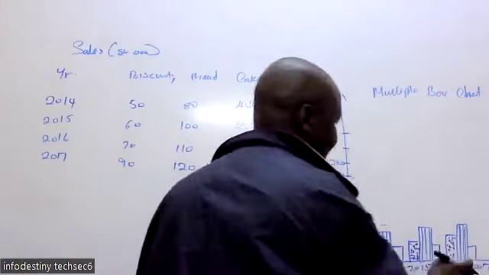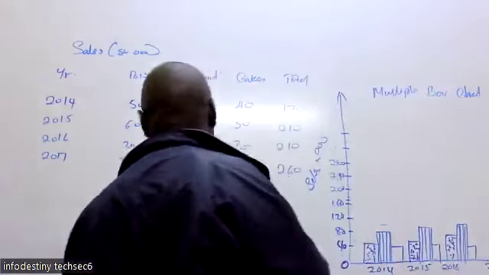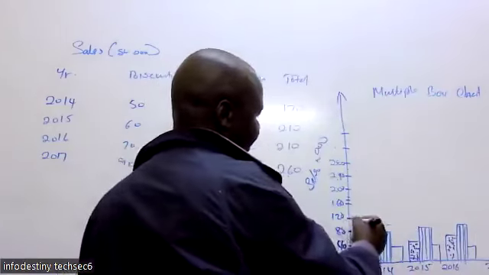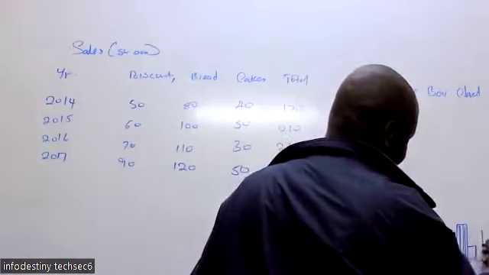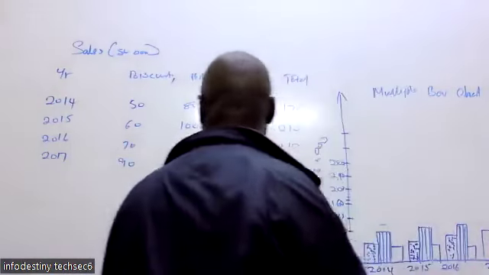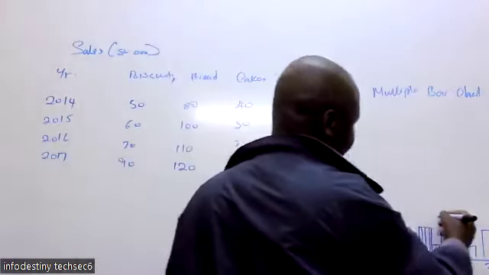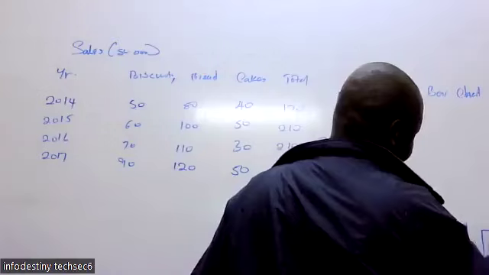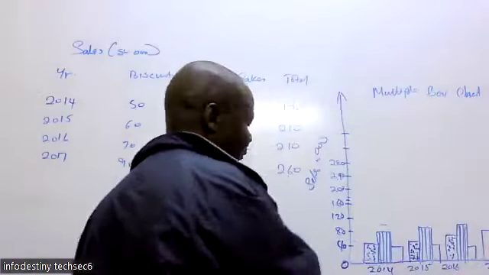Then the last one is 2017, 90, somewhere there. We have 120, which is somewhere there. Then the last one is going to be 50.